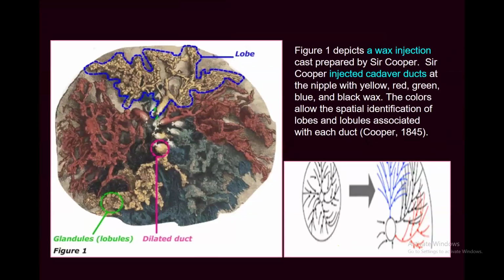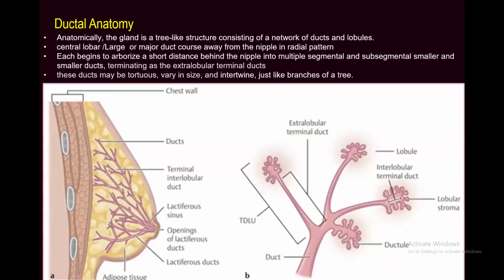If we look at this wax injection into a cadaveric duct, can you see here the lobes? There are no very obvious anatomic boundaries. We can see some overlap, as in these illustrations of a ductal system. You can see overlap between the ducts. So it is not straightforward like in these illustrations.